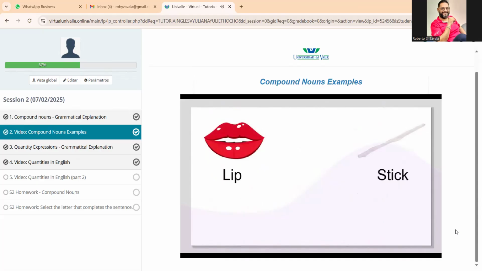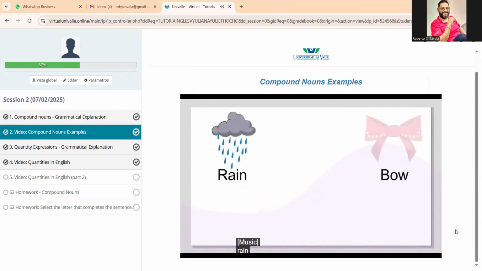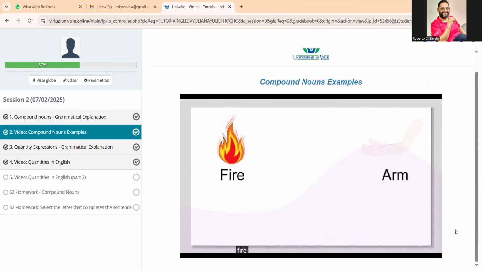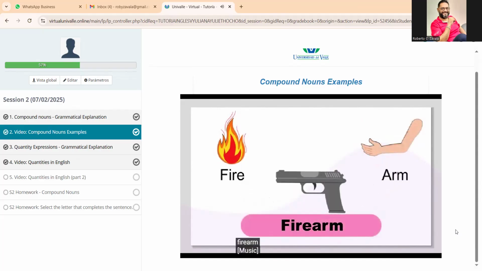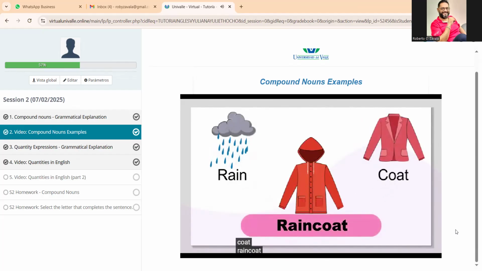Lip, stick, lipstick. Rain, bow, rainbow. Fire, arm, firearm. Rain, coat, raincoat.